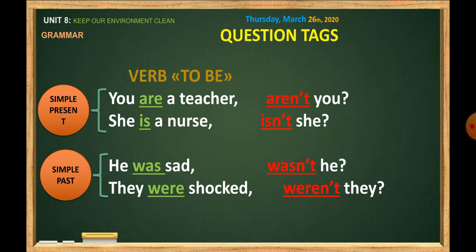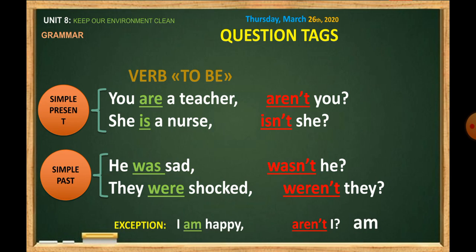For example, he was sad. He was sad, wasn't he? Then you see, you have he and you have he here. And was here, but here wasn't. They were shocked, weren't they? So as you can see, we have they, and here were, weren't. Then it's easy, I think. This is concerning verb to be.